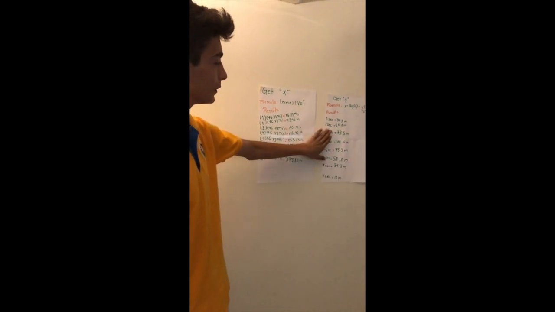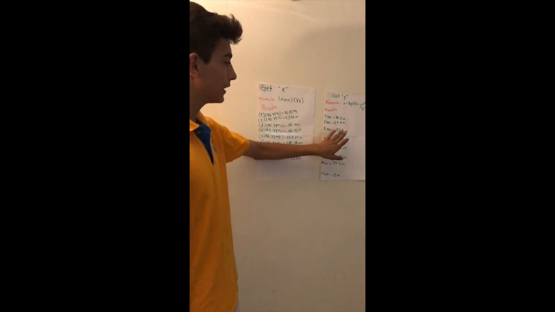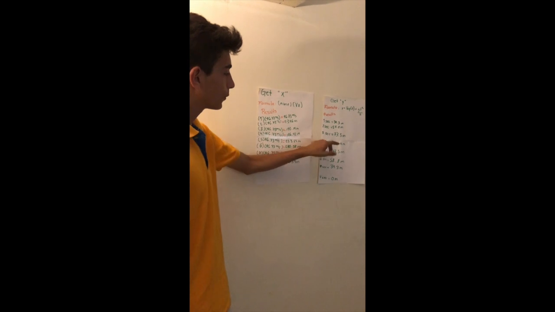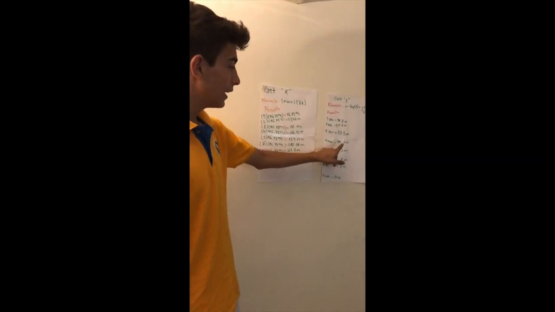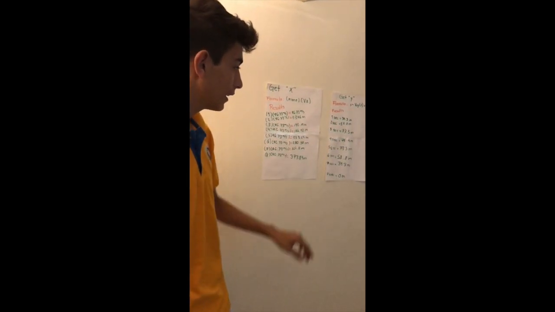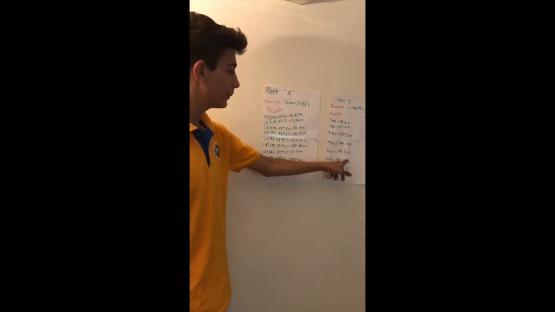In second 2, we will get 58.8. In second 3, we will get 73.5 meters, and in second 4 we can observe that it will be the highest height, and it will be 78.4 meters. To continue, in second 5, it will be 73.5 meters.